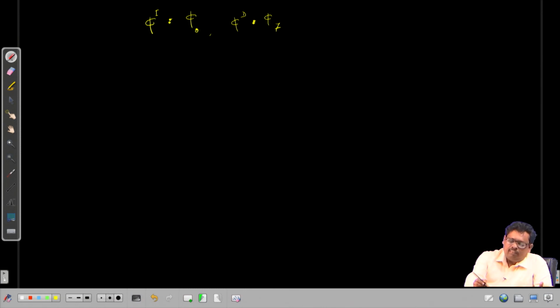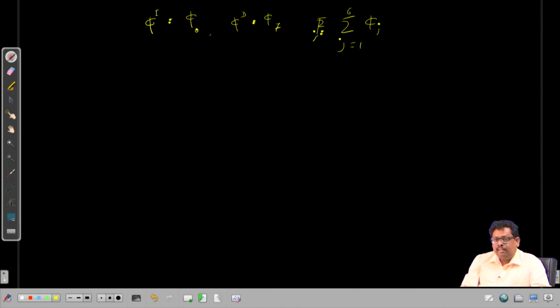And of course, the radiation potential definitely is the sum over j equal to 1 to 6 of phi j. So let us go with this notation, fine. Now, if you remember, j equal to 1 to 6 is the boundary condition for the radiation problem.